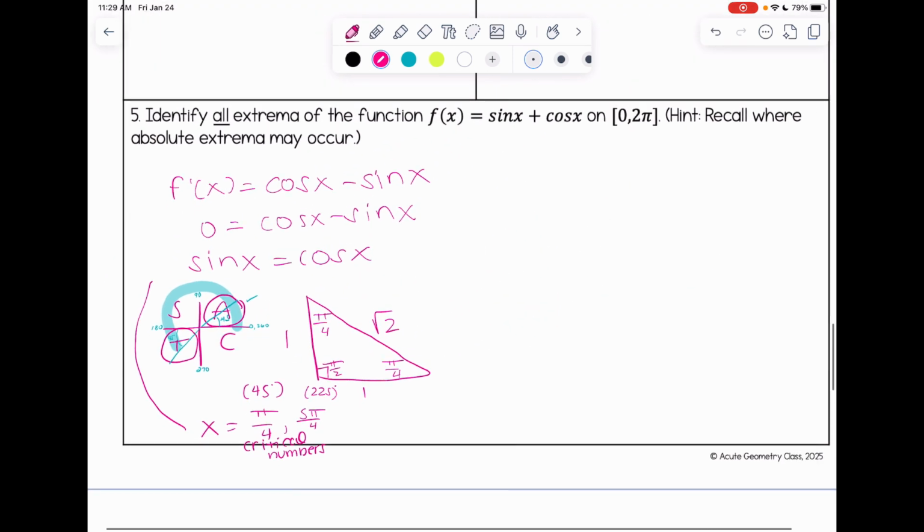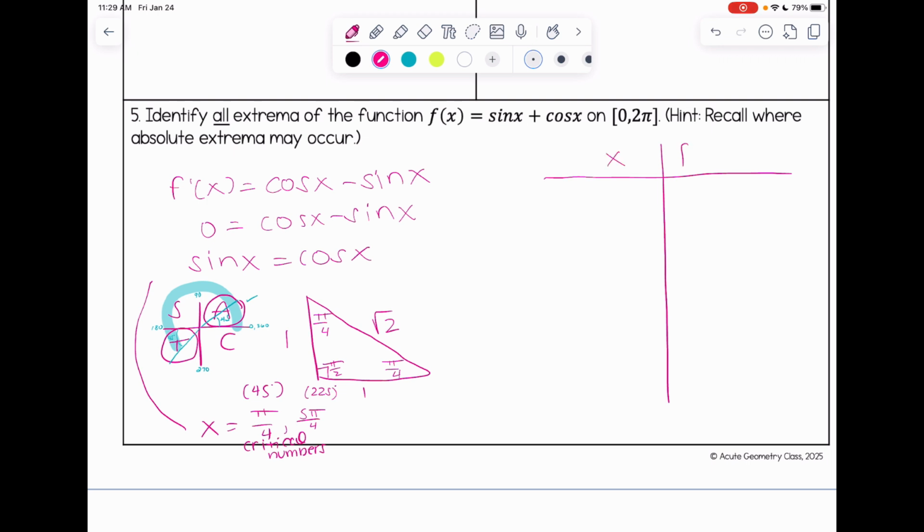Now, let's go back to the hint from before. It says, recall where absolute extrema may occur. So absolute extrema can occur at a critical number, but it can also occur at an endpoint. So even though there are only two critical numbers, there are 4 values that I really need to consider. An extrema can occur at 0. It can occur at pi over 4.